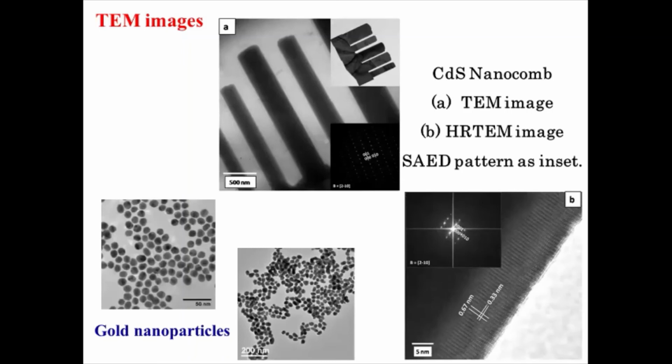So these are the atomic rows, and the distances are 0.67 and 0.33 nanometer, which correspond to particular interplanar distances. So this is the potential of TEM, that you can see the atomic rows or lattice image. So you don't have to take the XRD.